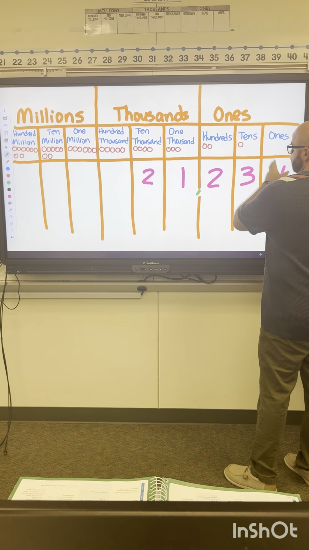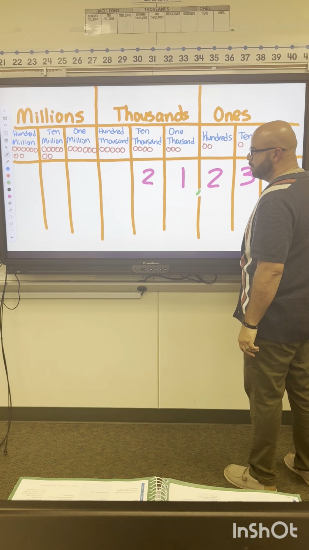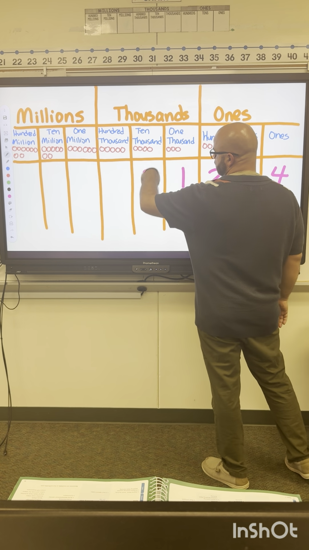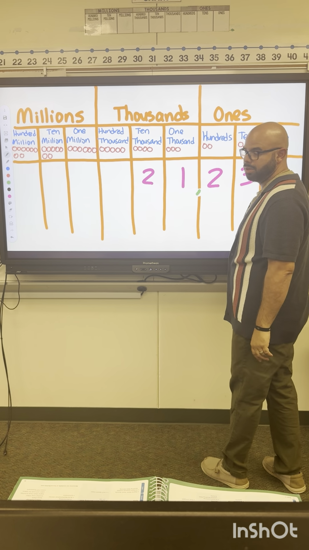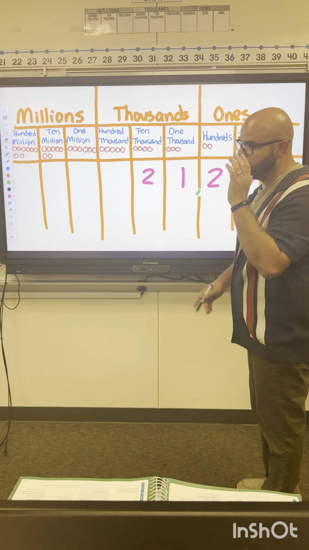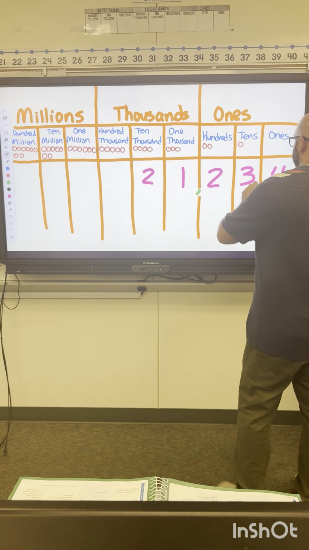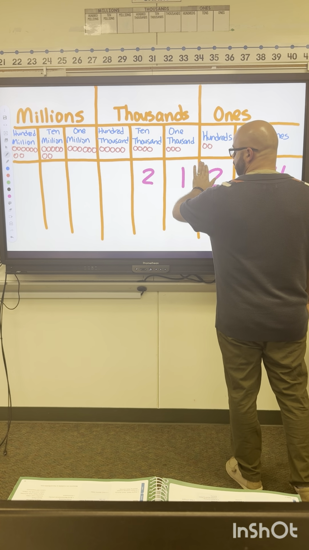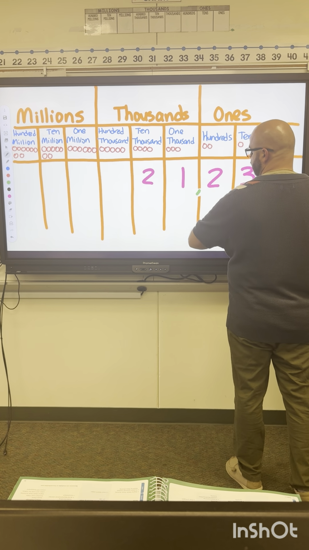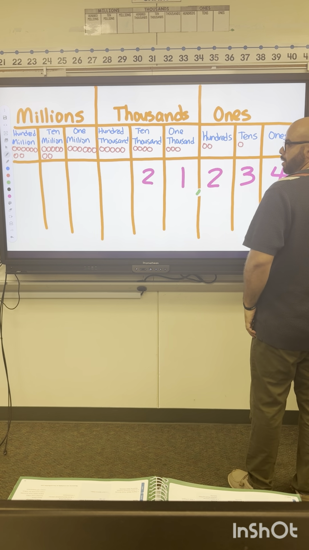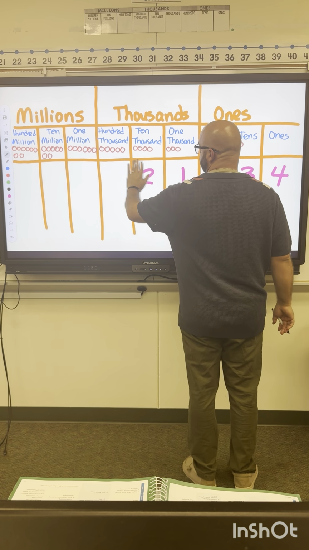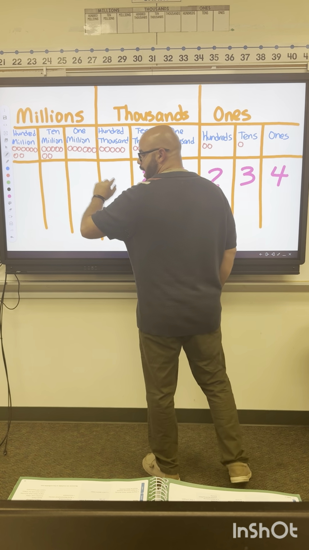So you got the ones, tens, hundreds, comma. Thousands, ten thousands, hundred thousands, comma, okay? That is something that, with the family concept, they understood. So after you pass a family, starting from the right to the left, you add a comma. You pass the thousands family, you add a comma.